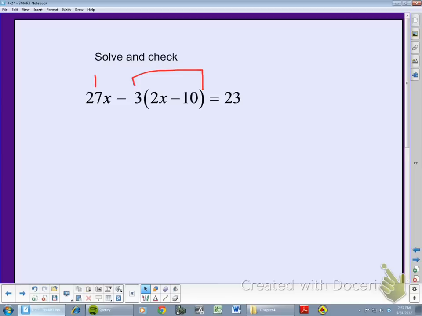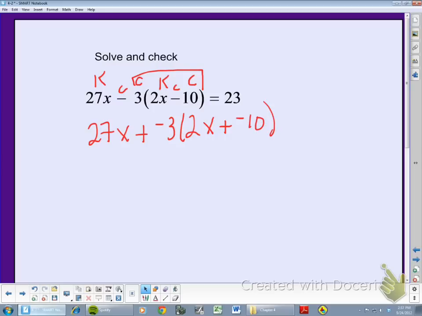All right, here's keep, change right here. And right here I want you to go keep, change. So you have 27x plus -3 times 2x plus -10 is equal to 23. Now this is going to seem a little strange, but what you have to do is multiply the -3 into the 2x.